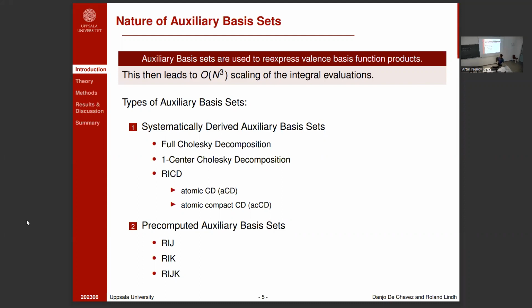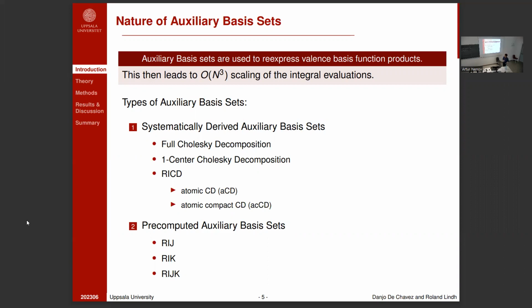So there are different types of auxiliary basis set. We could categorize them into two: systematically derived auxiliary basis sets or pre-computed ones. For systematically derived, it's just the inner products of your valence basis set. This includes your full Cholesky decomposition. And then for one center, we work with atomic blocks.